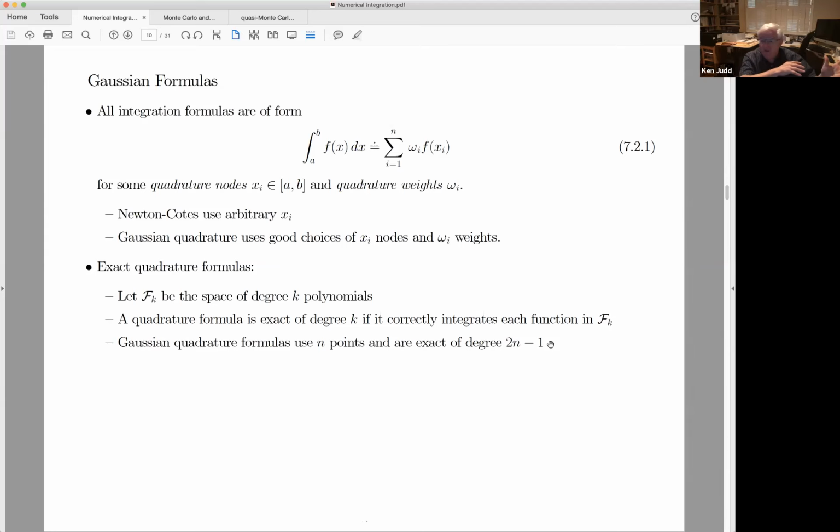That's what we learned from interpolation on Tuesday. So we have to have 2n points to approximate the function f of x exactly for a polynomial of degree 2n. But what this says is we only need n points to exactly compute its integral.